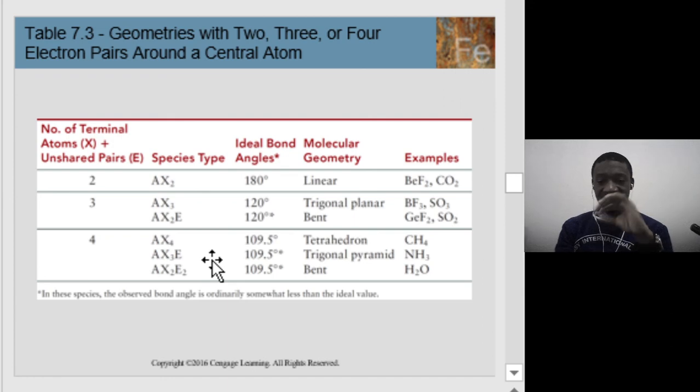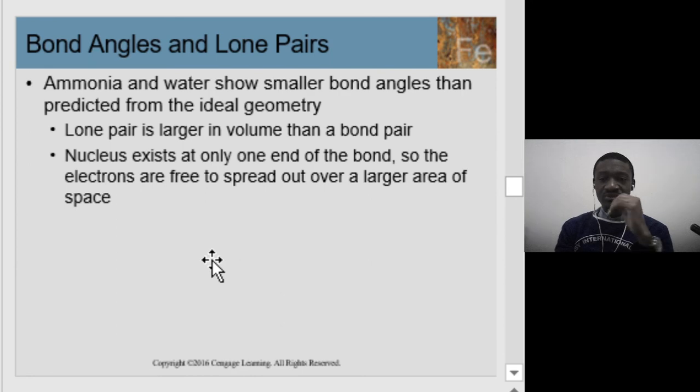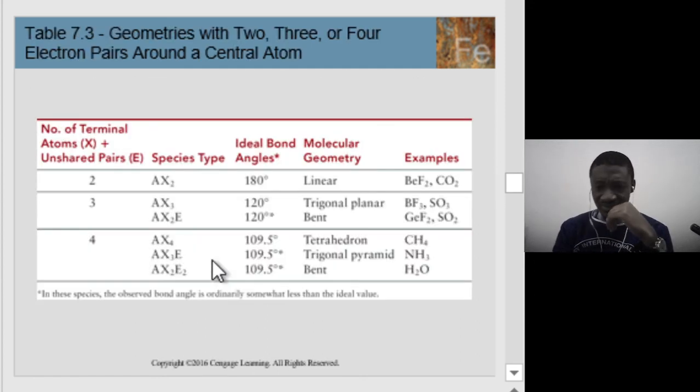Not that the names explain who they are. You can't confuse names if you're sure of who it is, but if you're not sure, then you can confuse the names. So bond angles and lone pairs, ammonia is the one we talked about a lot, and then water is bent as well. Water too is bent.